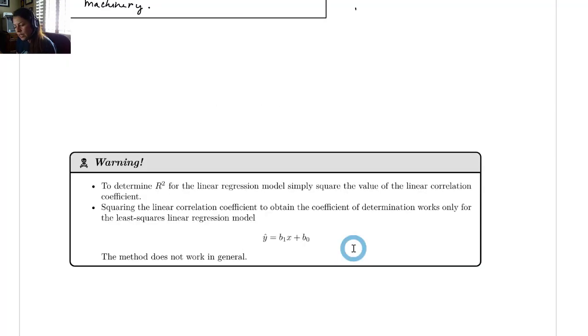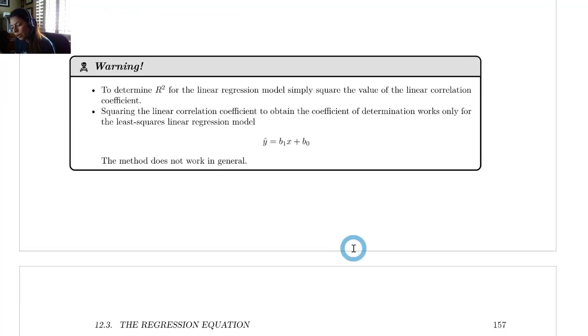Okay, and then just to give a warning here, to determine the r squared for the linear regression model, we just squared the correlation coefficient, right? However, squaring the linear correlation coefficient to determine the coefficient of determination only works for the linear model.